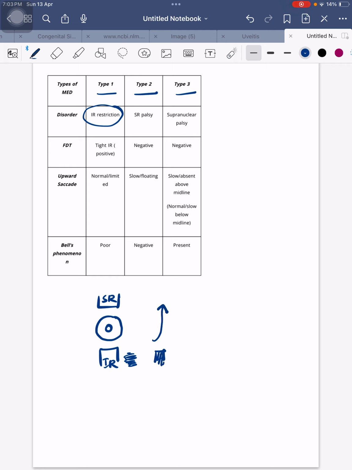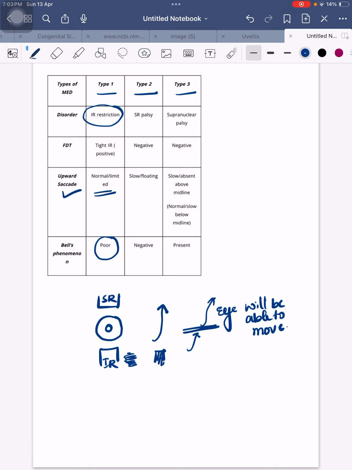So, the eye can initiate the movement, but there will be a sudden snap above which I will not be able to move. So, the Bell's phenomenon here will be poor, and they have limited upward circuit movements.